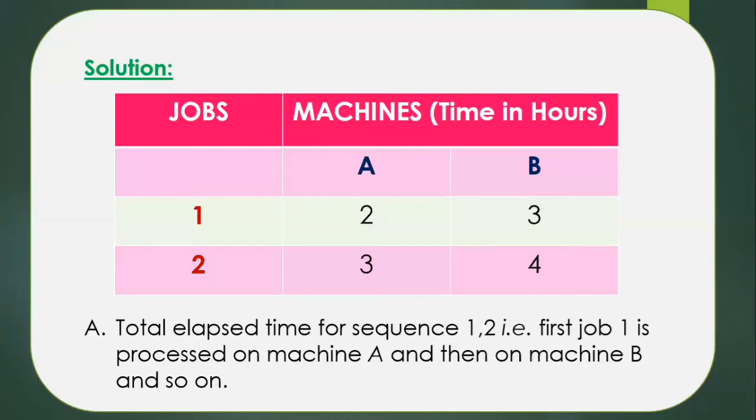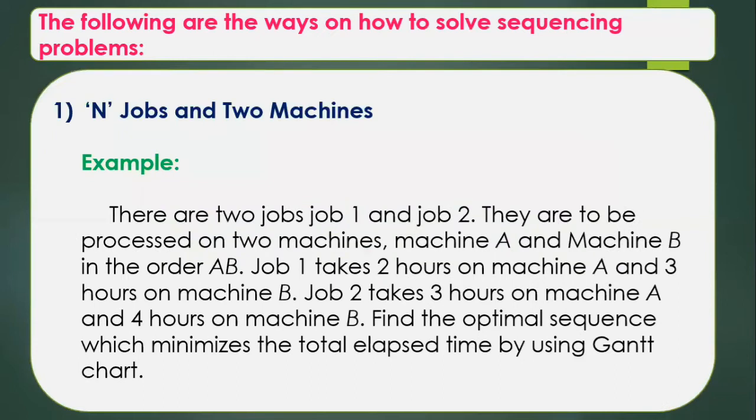For each machine, a horizontal bar is drawn, and on these bars, the processing of jobs in the given sequence is marked. Let us take a small example and see how a Gantt chart can be used to solve the same. Remember, we are tasked to find the optimal sequence which minimizes the total elapsed time by using a Gantt chart.